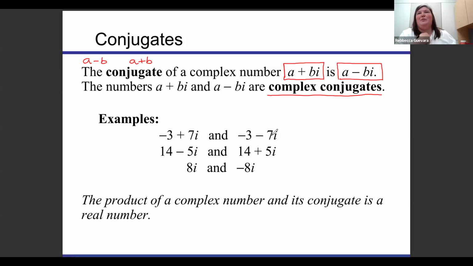And we already saw what happens when you have complex conjugates. Like these two here, we have -3 plus 7i, and then we have -3 minus 7i. When we multiply those, what happens is that it's going to get rid of the complex number and turn it into a real number.